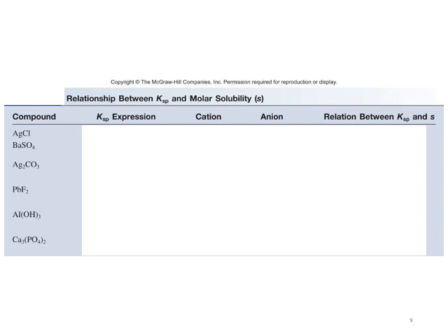Then the table asks for the expression for Ksp, the concentration of cation, the concentration of anion that is going to be produced, and the relationship between Ksp and S. If you try to fill out this table for all of these salts, in the next slide you'll see all the answers. So try to solve this by yourself and then compare your answers, and hopefully you don't run into any issues.